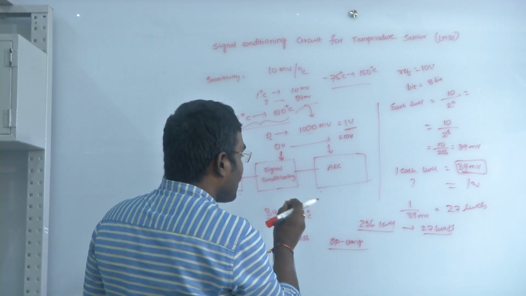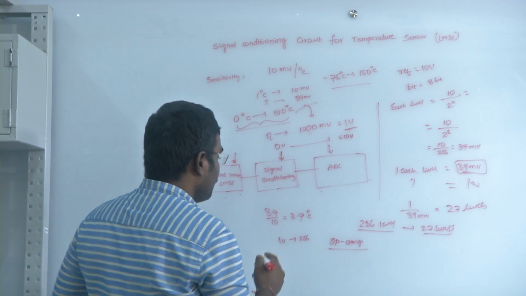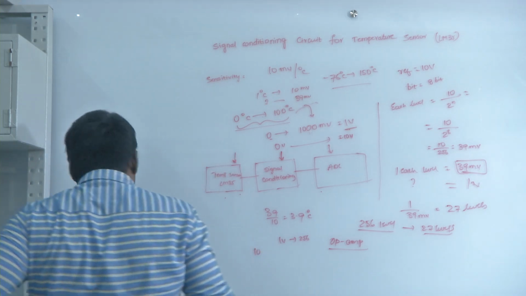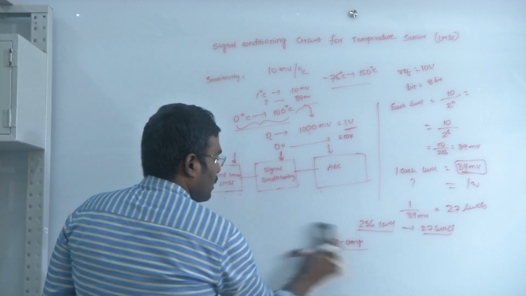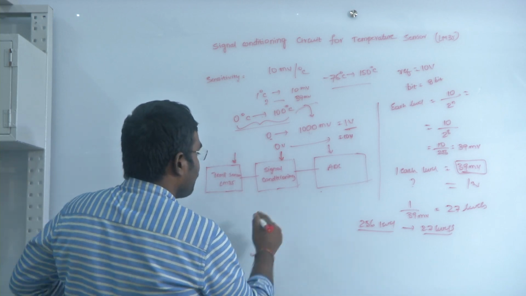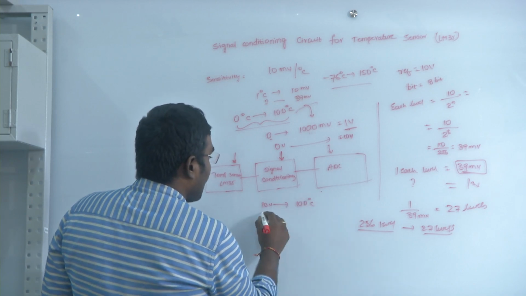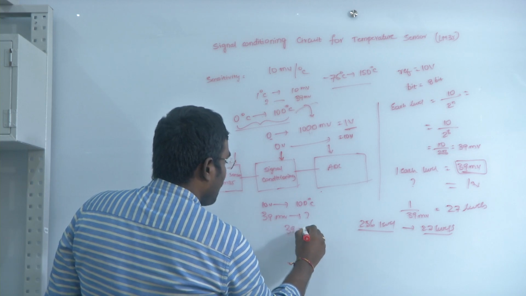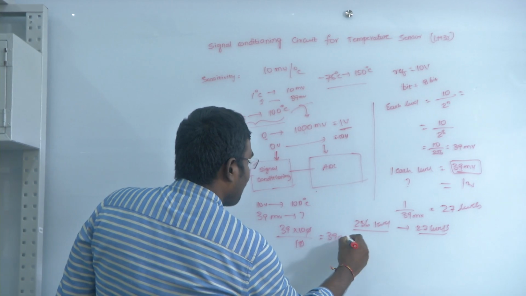So, what is the resolution of the complete system right now? If we do the recalculation of the resolution of the complete system, 10 volts is represented with 100 degrees centigrade, and now I am getting 39 millivolts. So, 39 into 100 divided by 10, which is 390 millivolts.